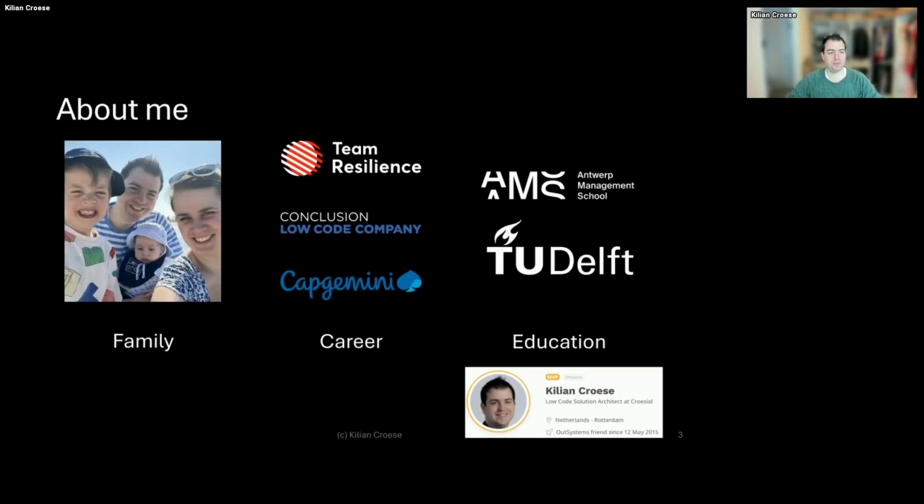A little bit about me. There you see a picture, about half a year old, of me and my family. I live in Rotterdam in the Netherlands with my wife and two sons. One is about to turn one year old, and the other is eight and a bit. Throughout my career, over the past 14 years, I have always worked with low-code platforms.